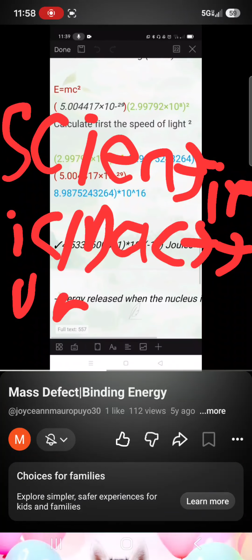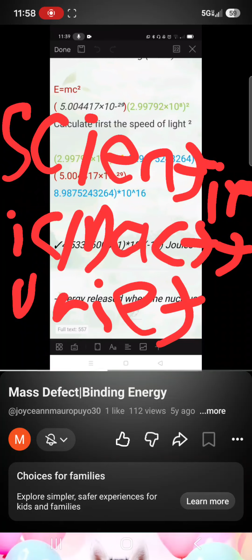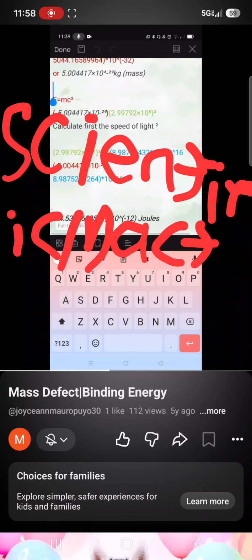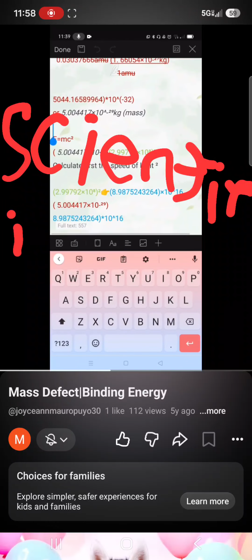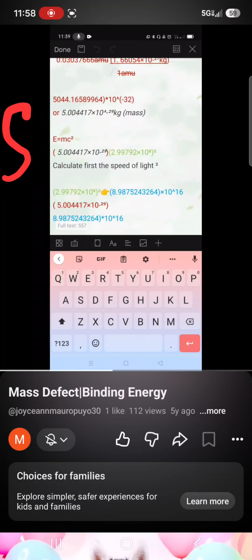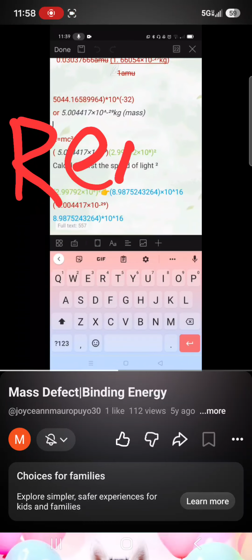So, let's execute the formula. E equals mc squared. We have 5.00417 times 10 raised to negative 29. This is the mass defect converted from atomic mass unit to kilogram. Then we have the exact speed of light, 2.99792 times 10 raised to 8, squared.